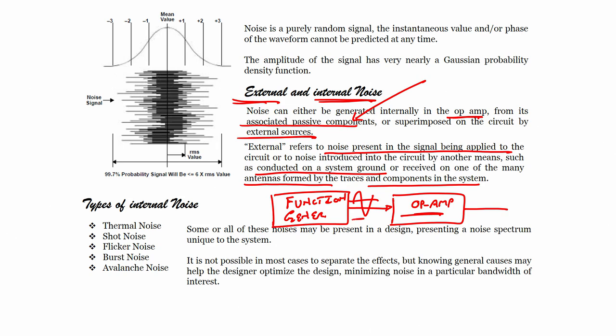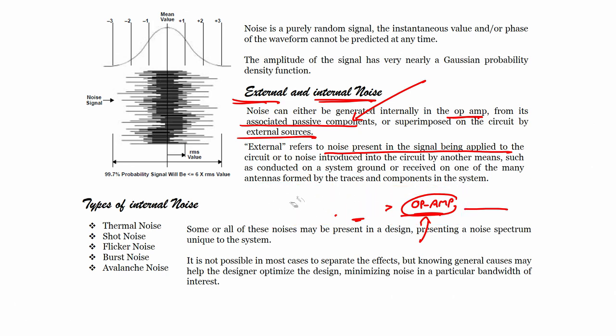Then this signal generated from this external source may introduce noise in this circuit. The op amp itself may have noise generated by the associated passive components, but there is a possibility of external noise that comes out of the function generator and is introduced to the op amp, all right. That is something that we need to take care of, we need to understand.